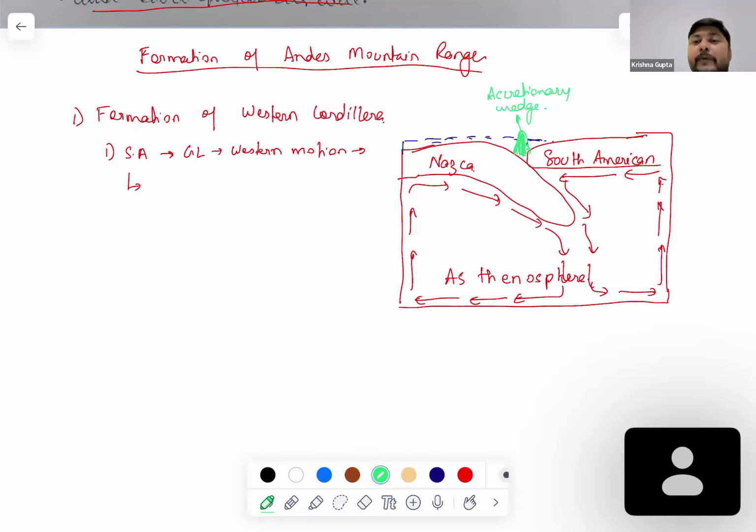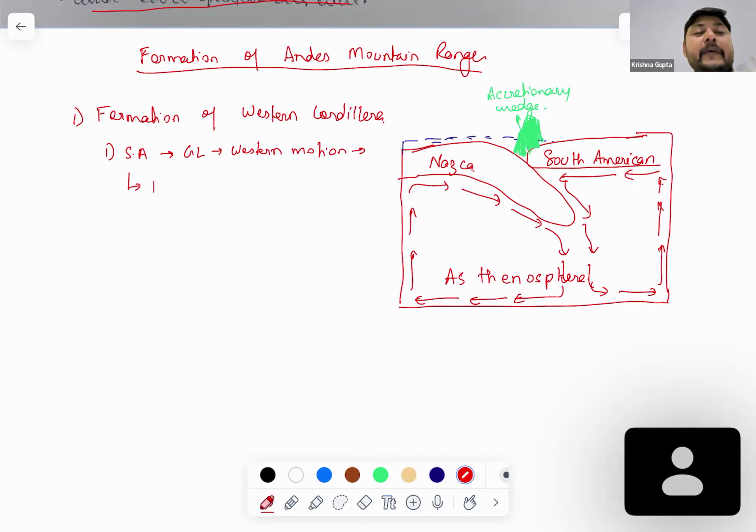So there was formation of an accretionary wedge. This accretionary wedge started to plaster over the coastal region of South America, and this was followed by folding.